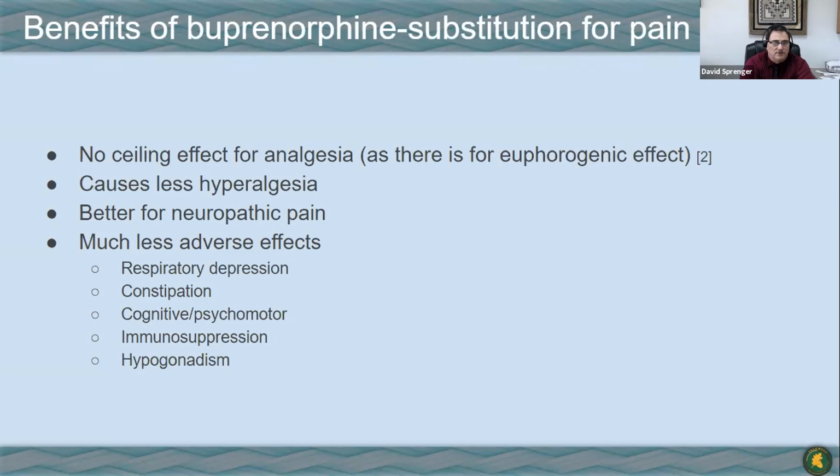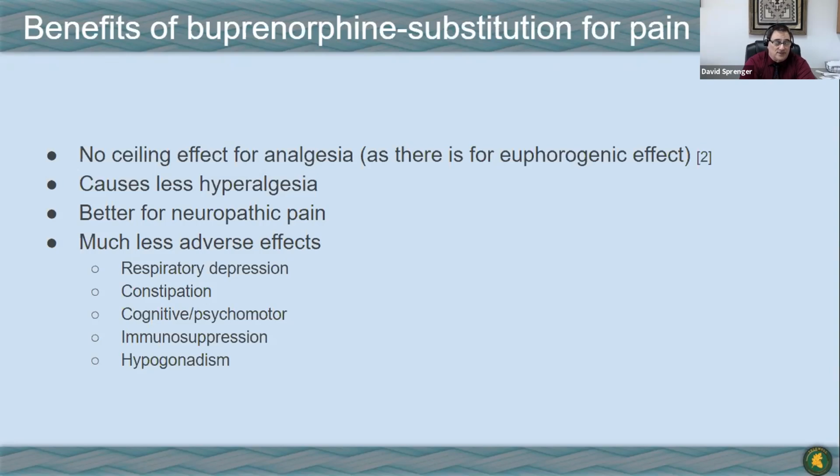And of course, one of the most important aspects of buprenorphine, as opposed to the other opioids, is that it's much safer. There's less respiratory depression, and deaths from buprenorphine overdose are very rare. When they do occur, it's almost always in the context of lots of benzodiazepines.